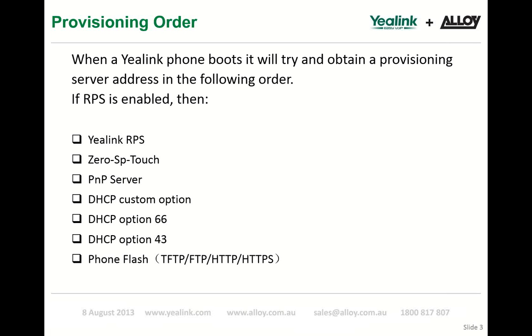If the firmware that you've loaded onto your phones does support RPS, then the phones will provision in the following order. First of all, it will try and contact the Yealink RPS service. If that fails, it will try via 0SP touch, then plug and play server, then DHCP options, and then also the phone flash. Now what we'll do now is dive into some of the details of each of these provisioning features.